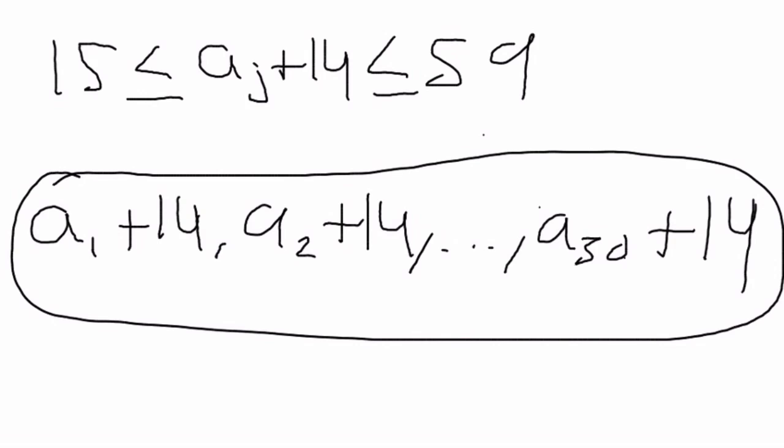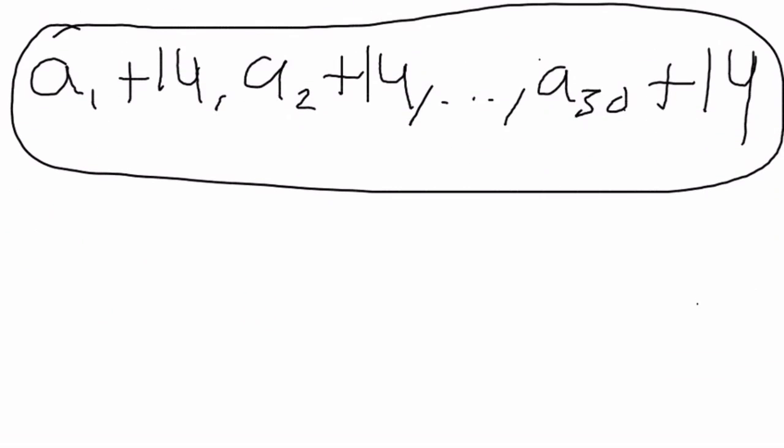Now we have an interesting event just occurred. We generated 2 sequences, each containing 30 integers. And we know the first one is less than or equal to 45, and the second one is less than or equal to 59.